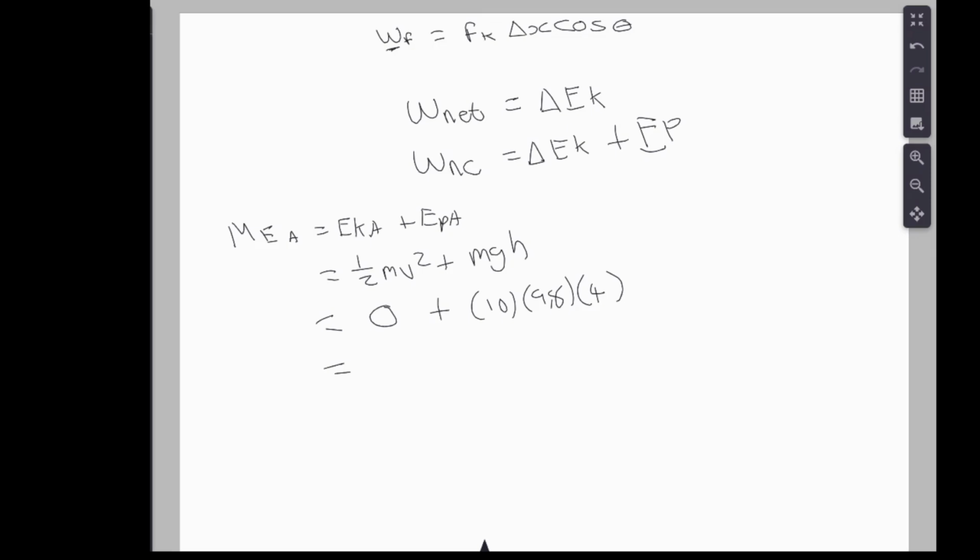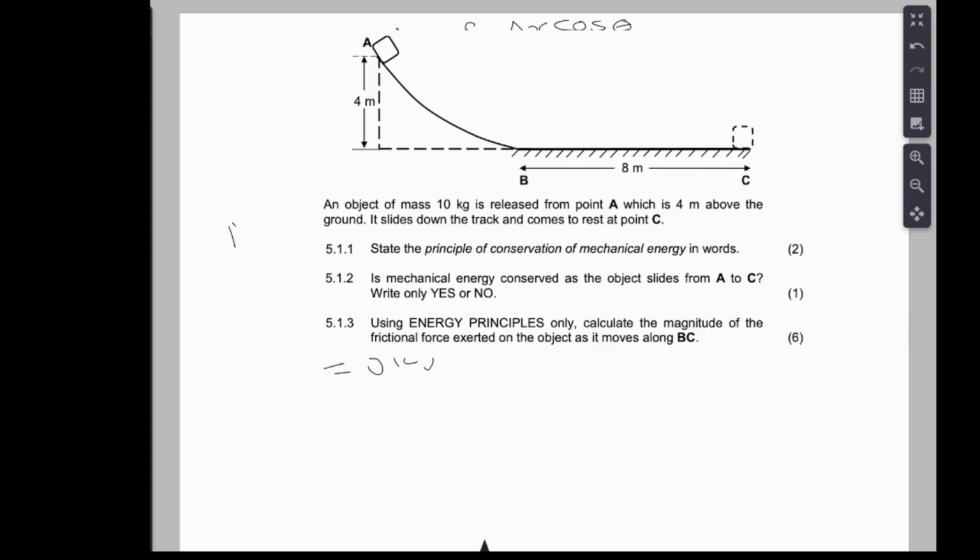Putting that in the calculator, 10 multiplied by 9,8 multiplied by 4 is 392 joules. So as soon as we got to point B, we had 392 joules.